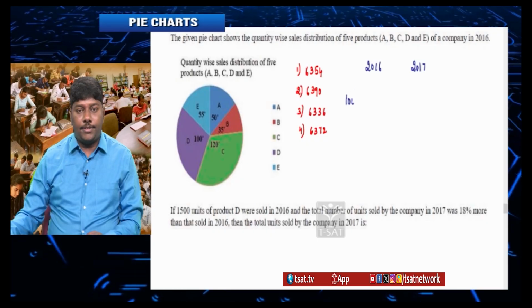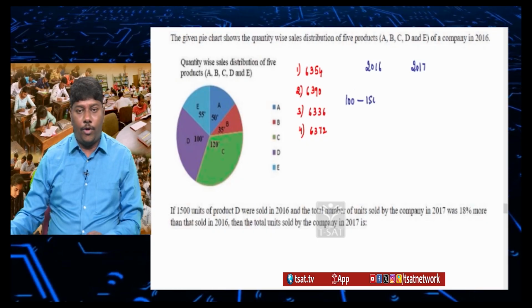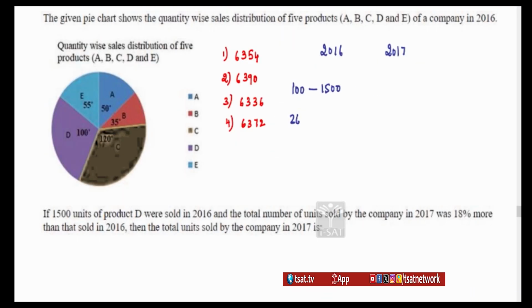If 100 degrees is 1500, then what is 360 degrees? So that is 1500 into 360 divided by 100. This is the total data in 2016, and you are increasing it by 18%. This is the total data in 2017.